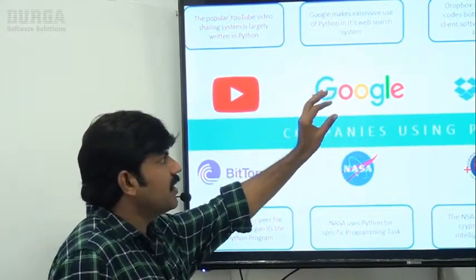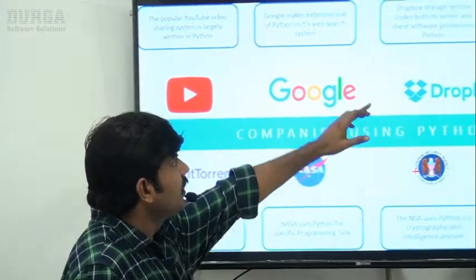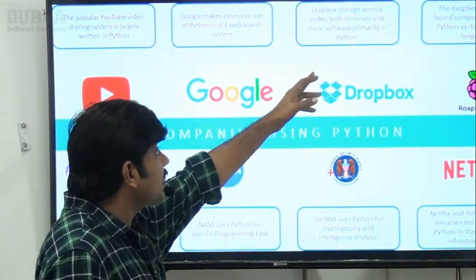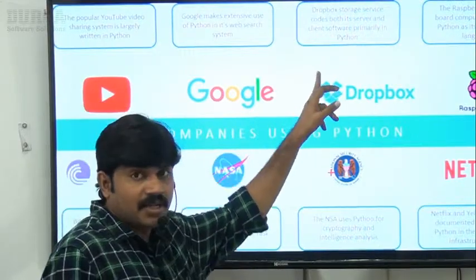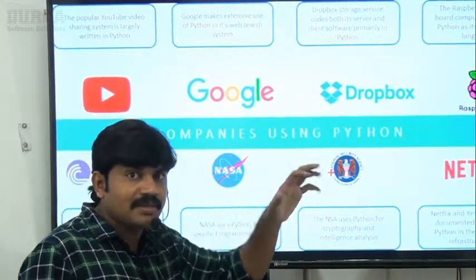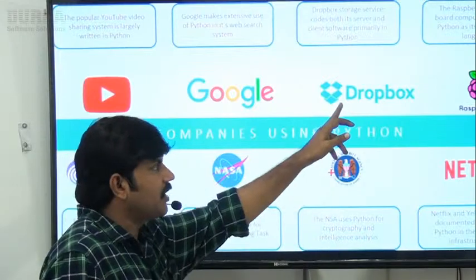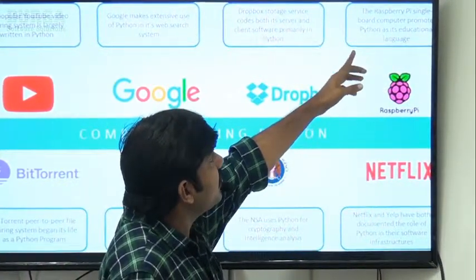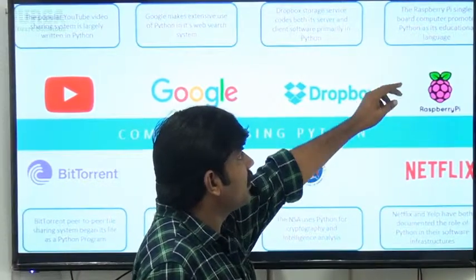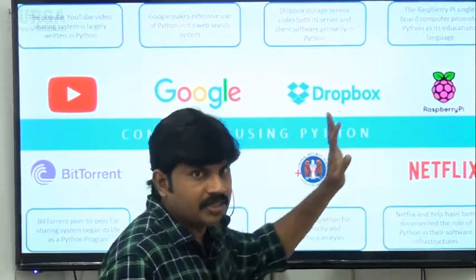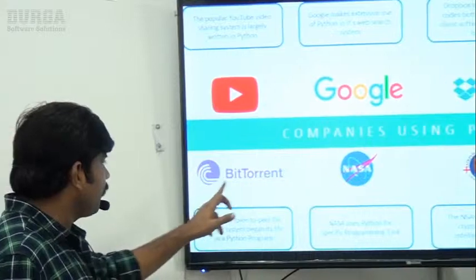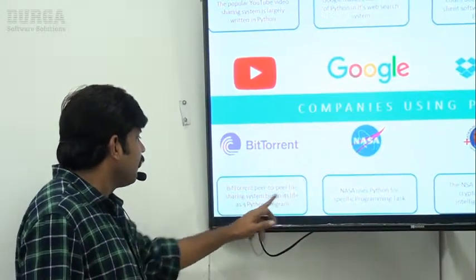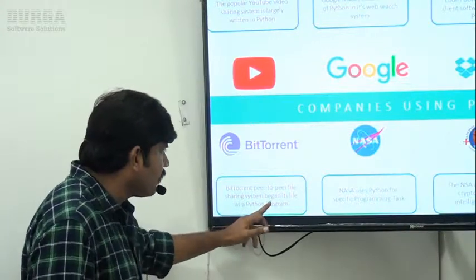Dropbox storage service codes both its server and client software primarily in Python. The Raspberry Pi single board computer promotes Python as its educational language. BitTorrent, the peer-to-peer file sharing system, began its life as a Python program.